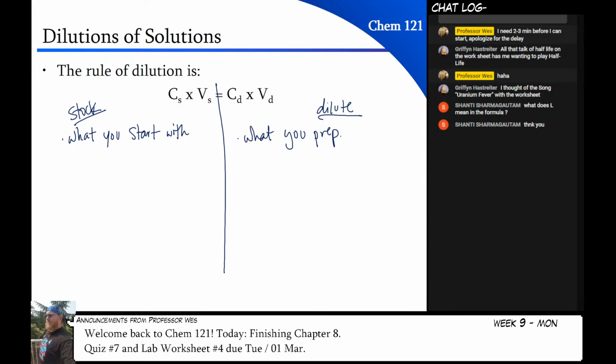Now, the rest here, C is a concentration. And the units are going to vary depending on what your concentration is in. If your units are molarity, then you're going to put in your concentration in terms of molarity. If it's percent by mass, you're going to put in percent units by mass, and so on. Remember that you want all the units.